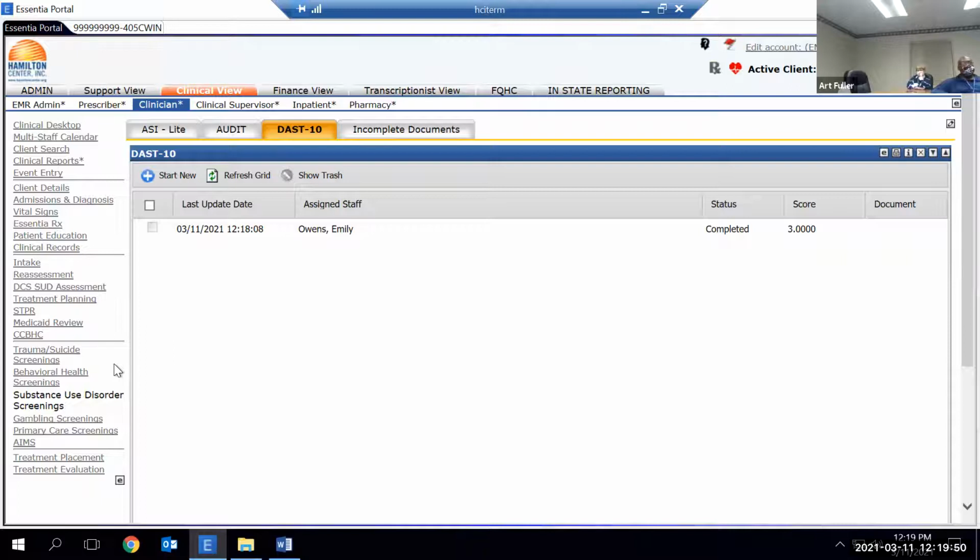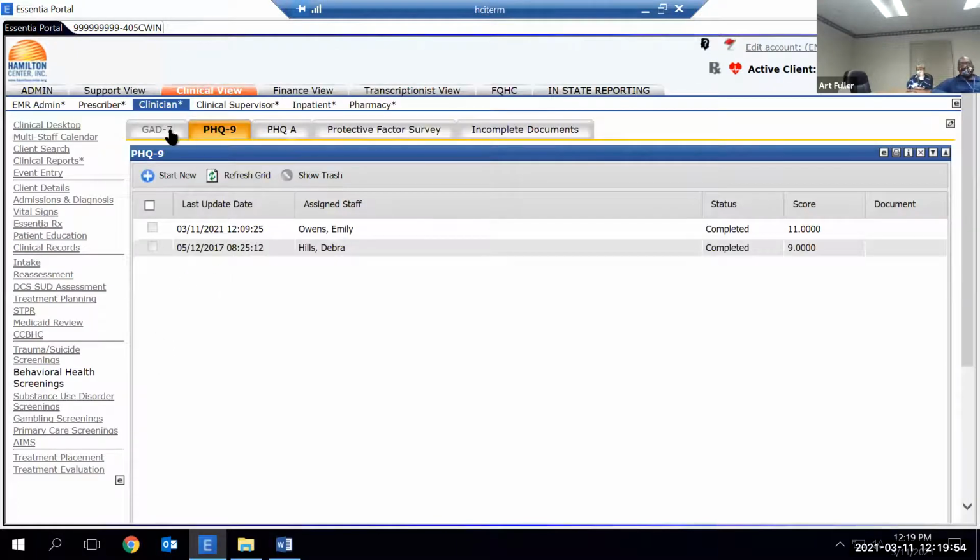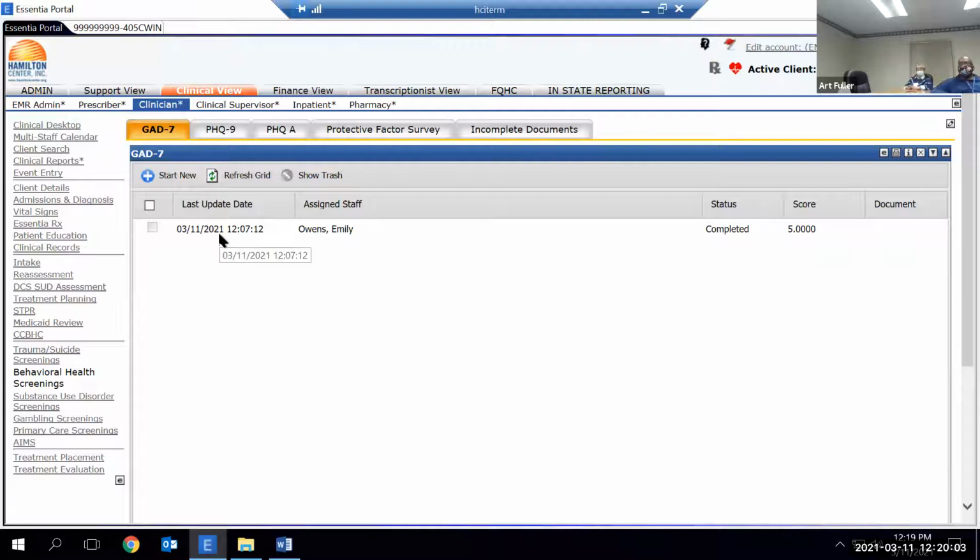So we went through the GAD. Again, just a reminder, the GAD is under the behavioral health screenings here. It's the generalized anxiety scale. It's a 7-question. The PHQ-9 is the patient health questionnaire, 9 questions.